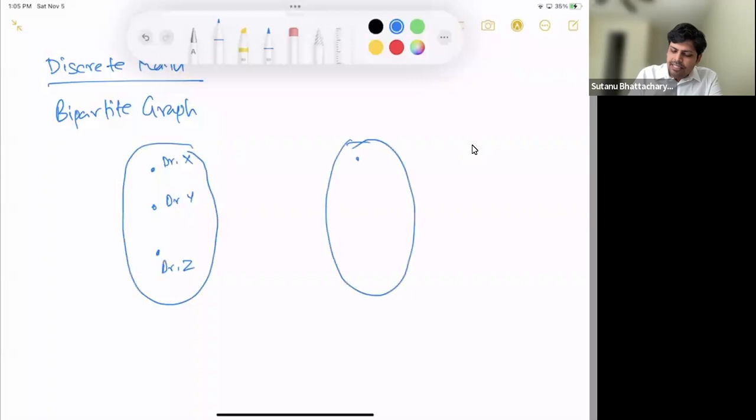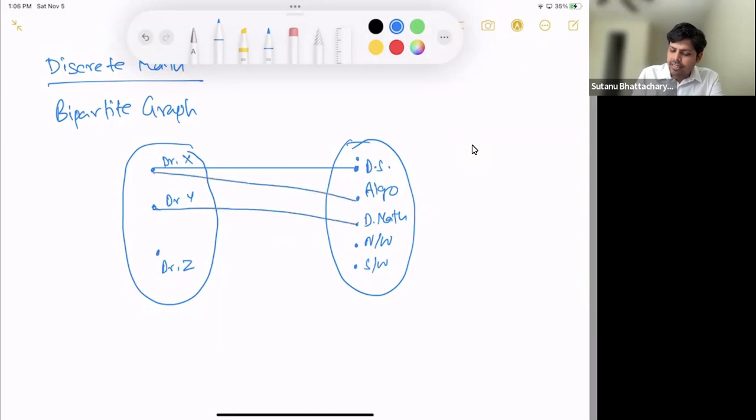Suppose Dr. X teaches data structure and algorithm, Dr. Y teaches discrete math, and just assume only Dr. Z teaches networking as well as software engineering. So this is an example of a bipartite graph.